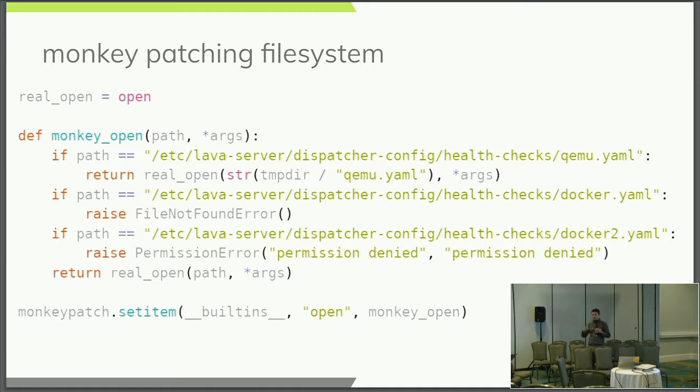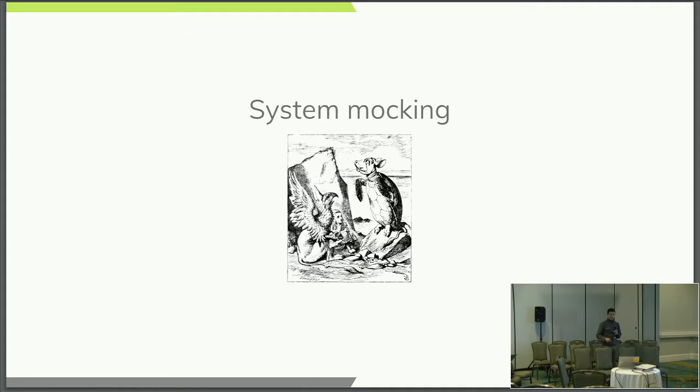So if in my code somewhere I'm doing open this function, I will redirect to my own, and if I'm opening this file, I will generate that error, and this file I will generate another error. So I'm able to check errors too at the same time. And yeah, don't forget to return the real open that was saved before, or it will have an infinite loop, obviously. That was monkey patching.